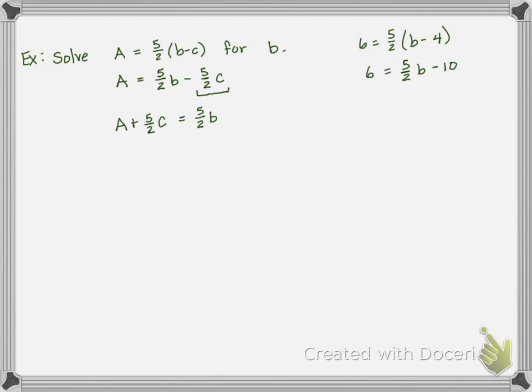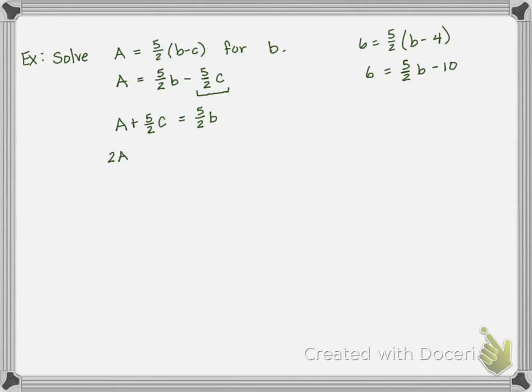So there's a couple things you could do here. You could clear fractions first and then divide both sides by 5. Or you could multiply both sides by the reciprocal if that's something that you're comfortable doing. We haven't done much of that, but if it's something that you already know and you're comfortable with it, that's totally fine. I'm going to just do it the way we've done it so that we're not looking at something completely different. So I'm going to multiply both sides by 2.